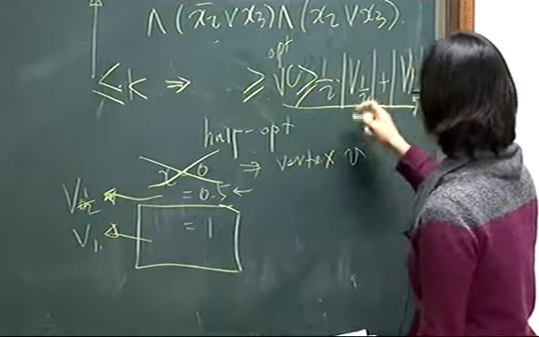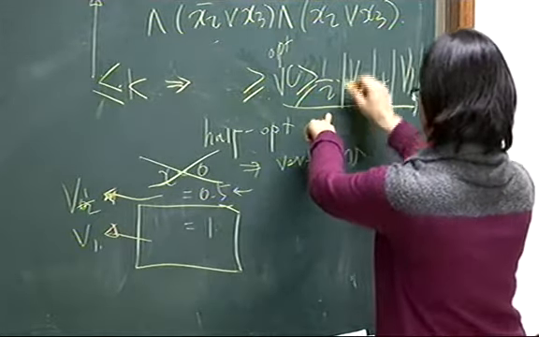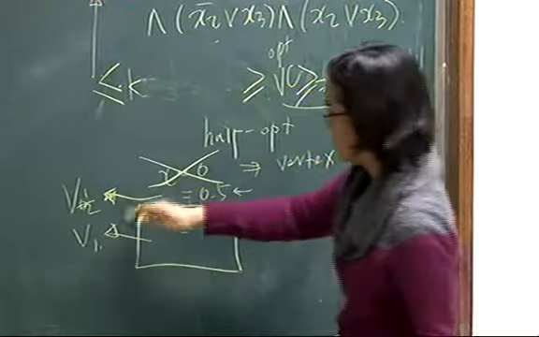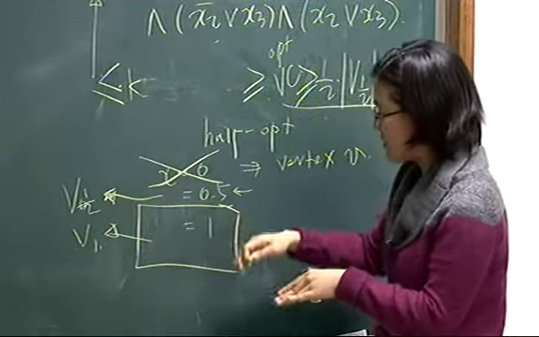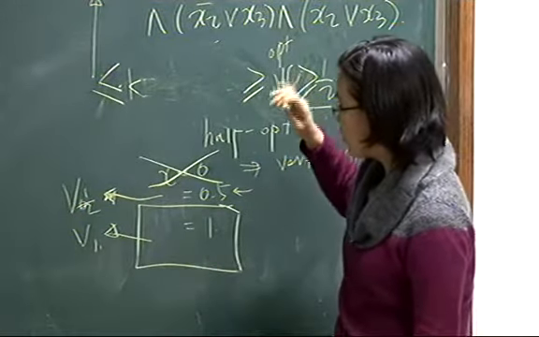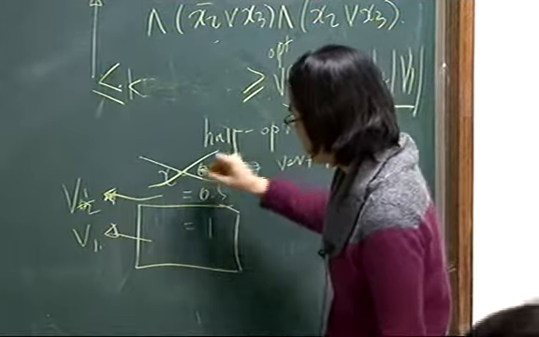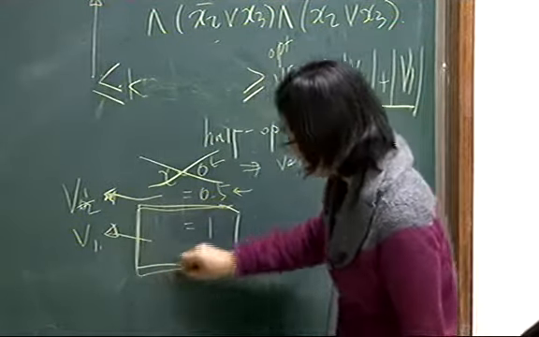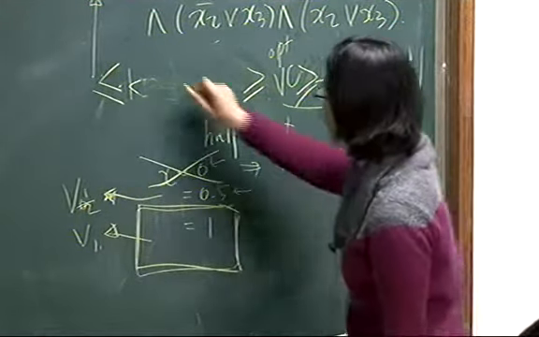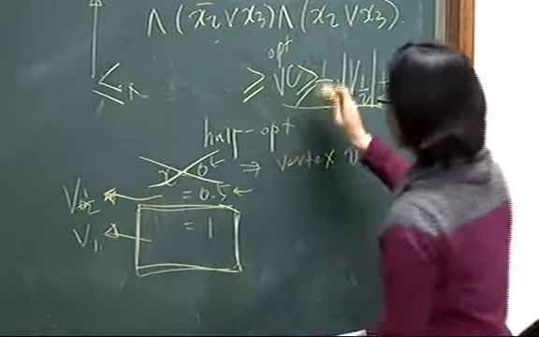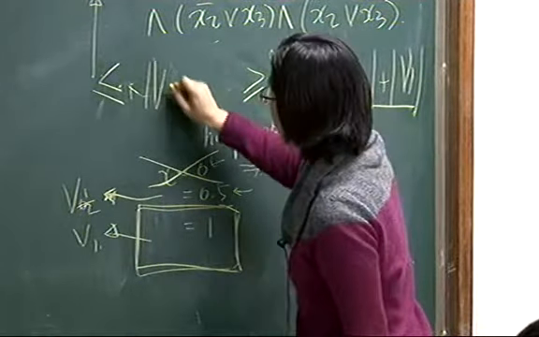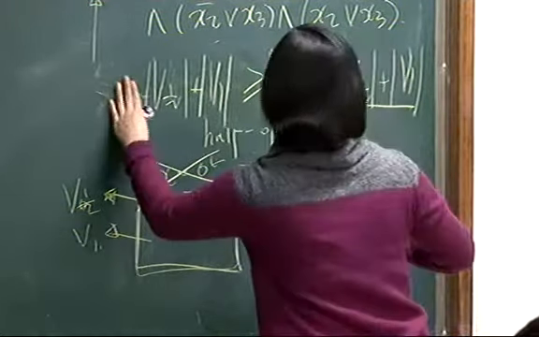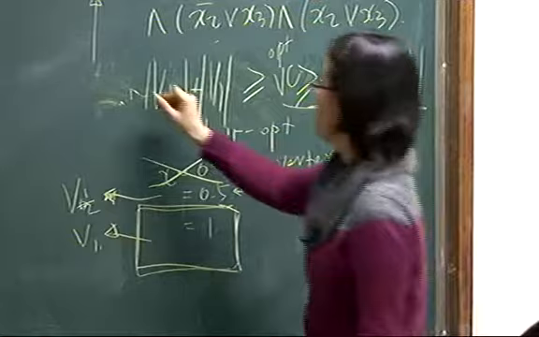And here we can obtain a bound. As I just said, there is an optimal vertex cover that does not have any of these vertices, and has all of these vertices and some of these vertices. So we can bound the optimal vertex cover with V half over 2 plus V1, which is bounded by this, times 2.